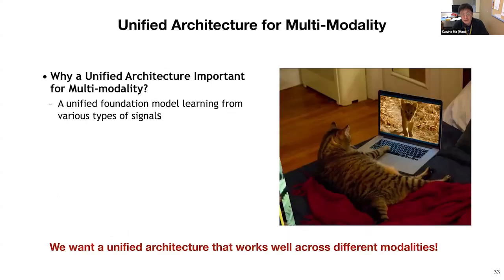But in practice, if we want to apply a single architecture to multi-modality tasks, of course we hope that our architecture is unified, with no architectural differences between different data types. So this is our goal: a unified architecture that works well across different modalities.